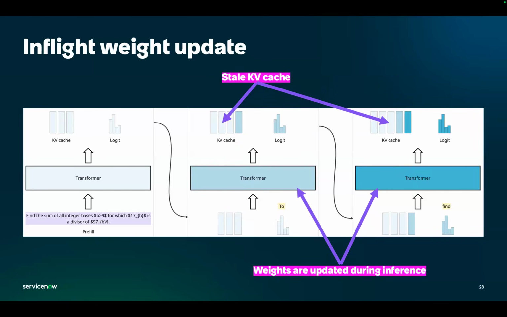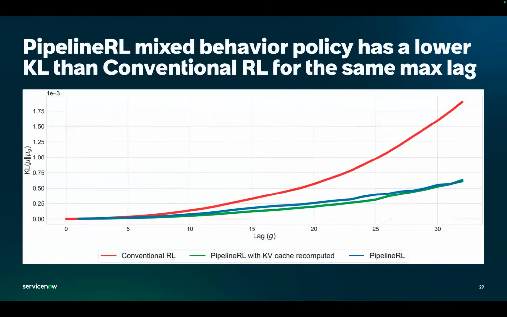that using stale KV cache is okay, we did a study where we looked at the difference between the logits that the current model, the model that's currently being trained, produces and the logits produced by the behavior policy. We call this behavior policy, which uses mixed versions of weights at different times, the mixed behavior policy.